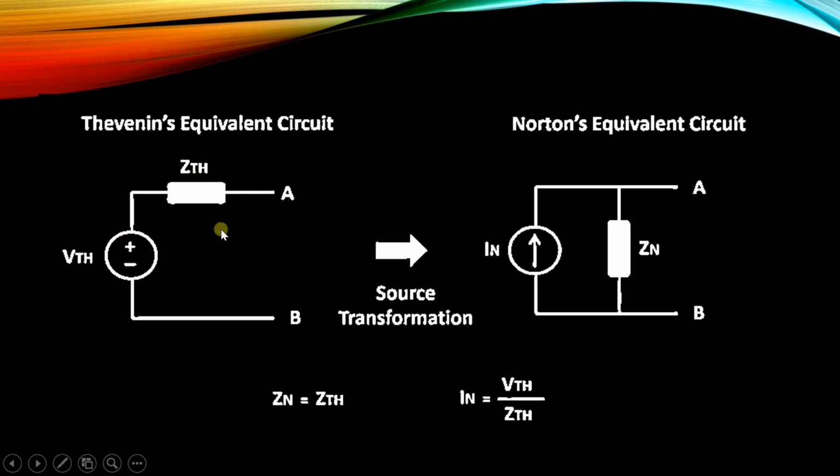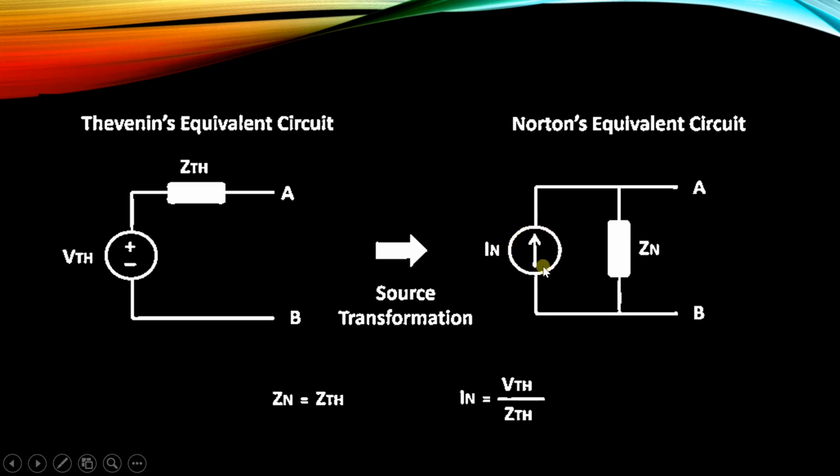So we convert this voltage source into the current source. We know that Zn is equal to Z Thevenin, meaning the resistance value will remain the same, and from here we find the current value. Current I is equal to V upon Z. V is this value and Z is this value, and the current value we get from this formula is our current source value.